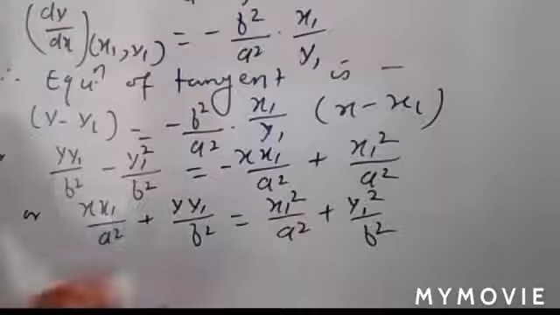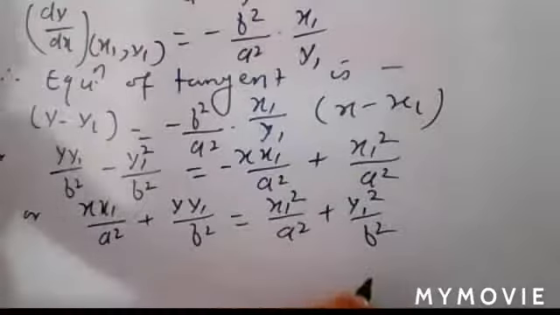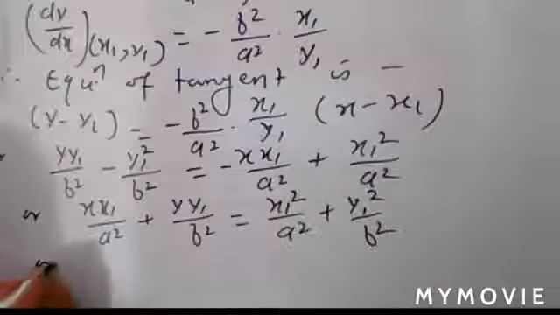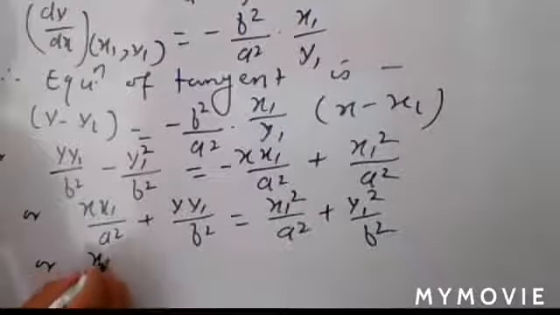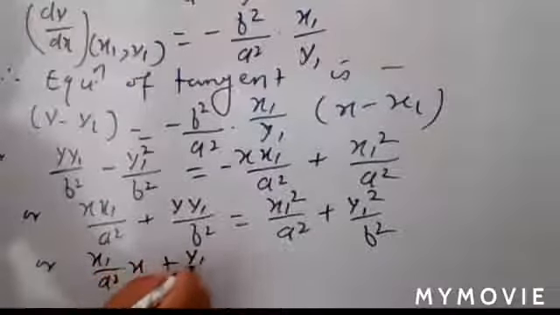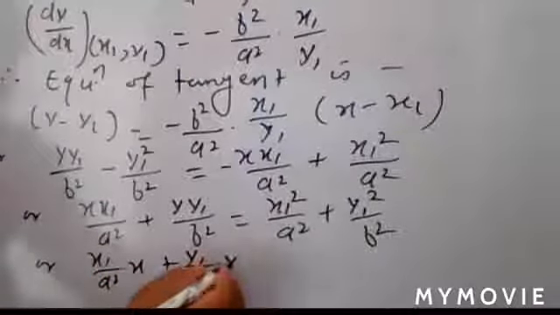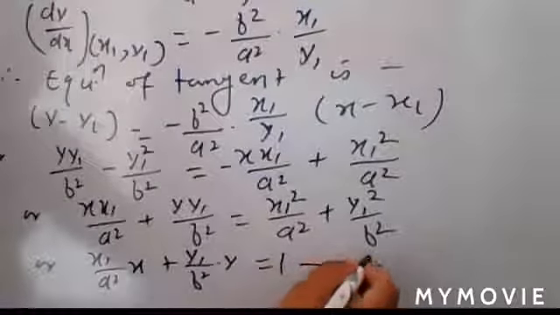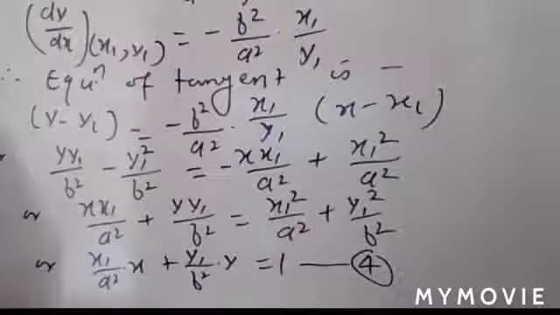The value of x1 square upon a square plus y1 square upon b square is equal to 1. So here you're putting 1. So here you have your equation x x1 upon a square plus y y1 upon b square is equal to 1. That is your fourth equation. That gives the equation of tangent to the ellipse.